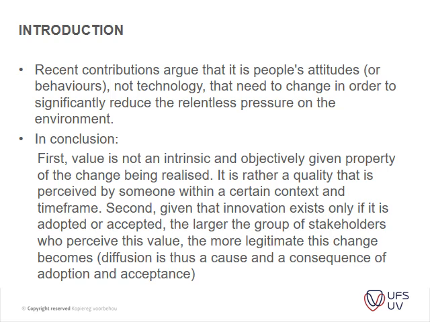So the chapter looks at certain conclusions. The first conclusion that they make is that value is not an intrinsic or objective given property of the change being realized. It is rather a quality that is perceived by someone, within a certain context and time frame. Again, I'm going to use the example of cars.